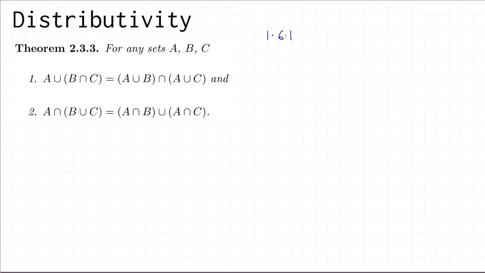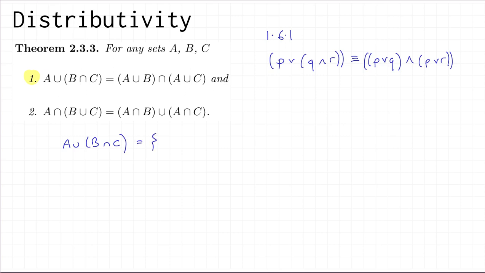And in 1.6.1, one of the results that we proved was that P or Q and R is logically equivalent to P or Q and P or R. Now that proves part 1 of this theorem, because if you unwind the definitions of those sets, A union B intersect C would be the set of all things X with the property that X is in A, or X is in B and X is in C.